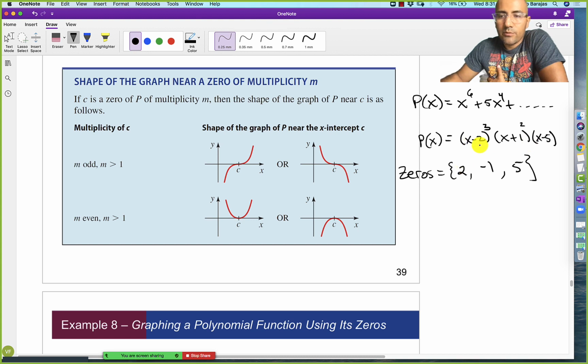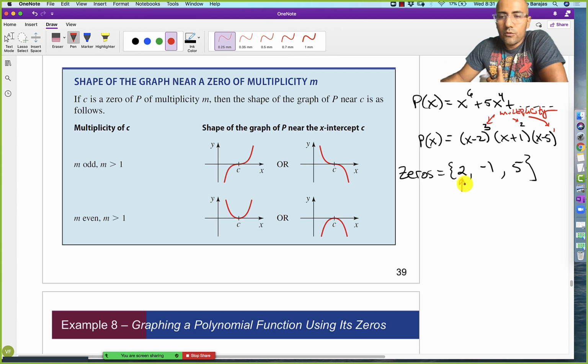If I replace this x with a 2, all these x's with 2, I will end up with 0 times something, so therefore the whole thing will be 0. But moreover, this is what they mean by multiplicity, this power 3. Even if it's not there, by default there's a little invisible 1. This is the multiplicity.